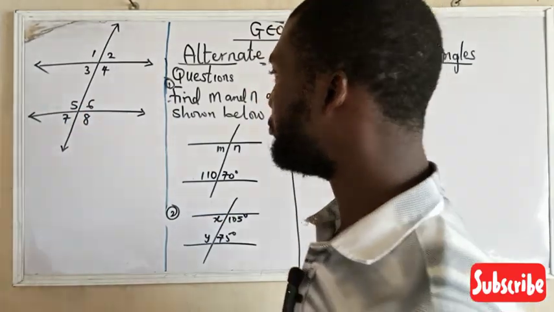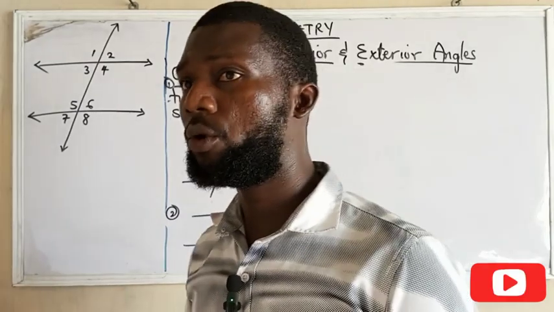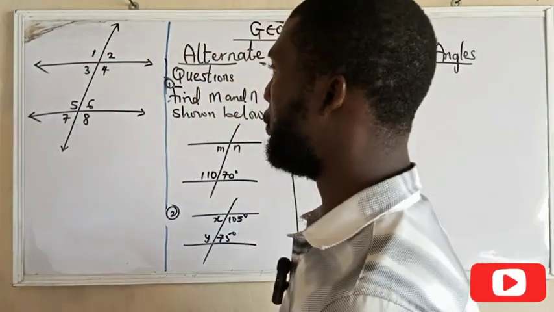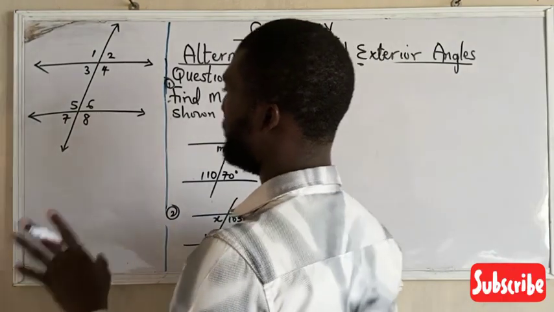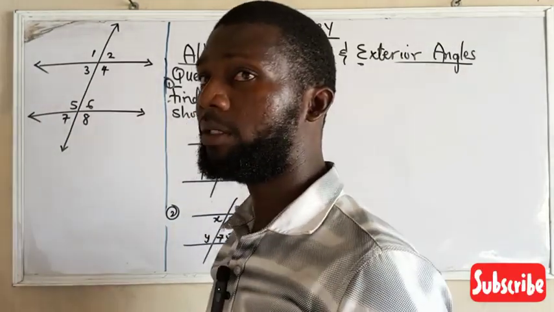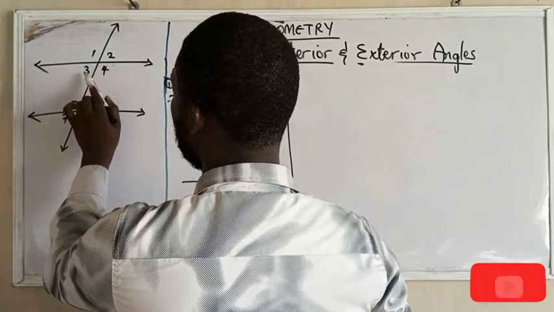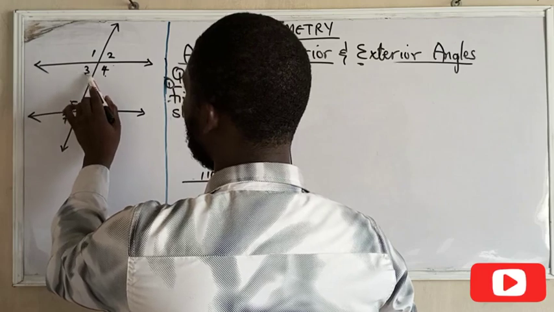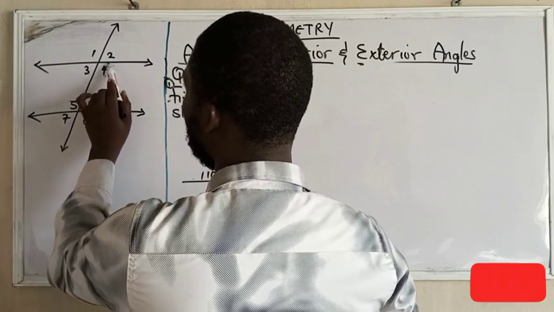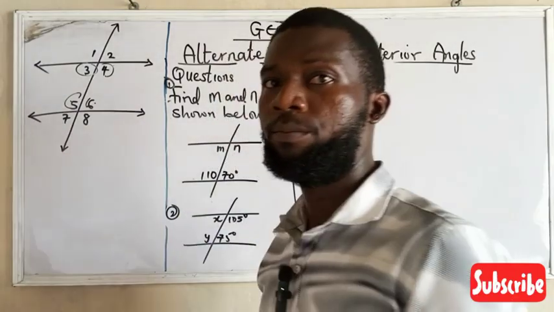So now, if I want to get my alternate interior angles from what I have here, then I'll first look at the fact that interior means inside. So we are going to be looking at figures like number 3, 4, 5, and 6. These numbers 3, 4, 5, and 6 can be located inside. They are interior. That is one.